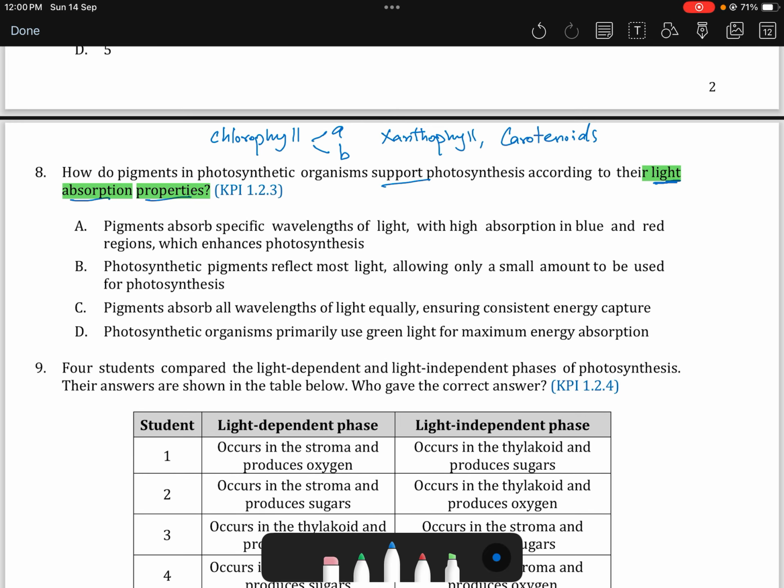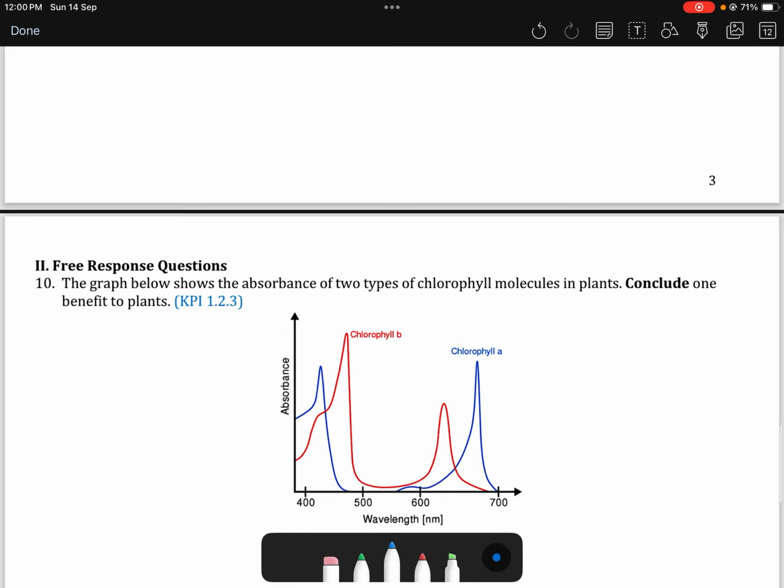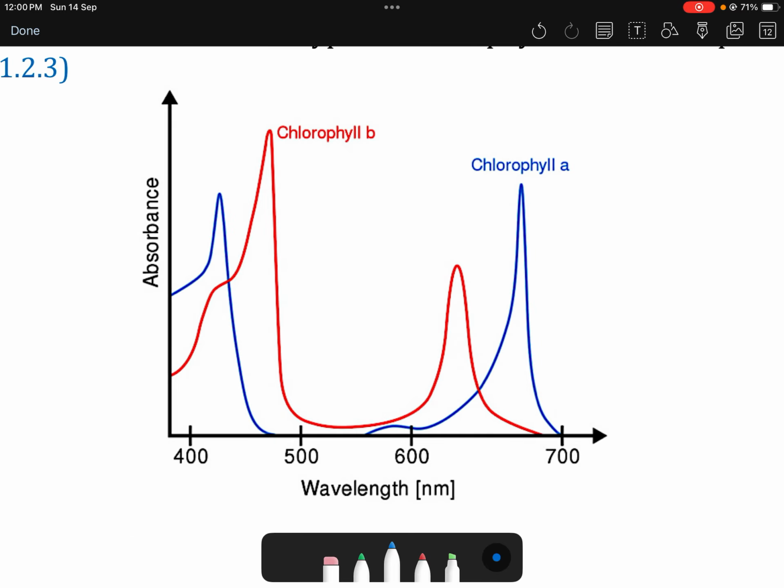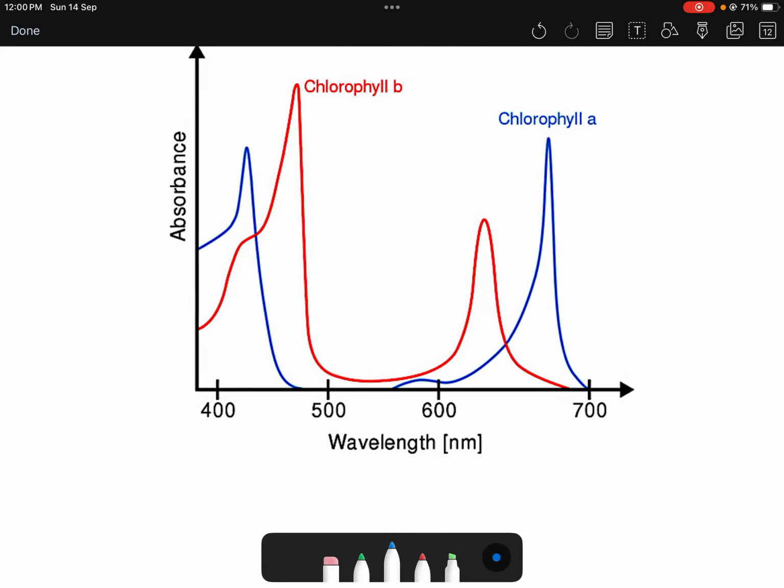Each one absorbs a specific wavelength of light, as we studied with the help of this graph. Chlorophyll A absorbs this peak, B, sorry, this is B, I'm really sorry, is absorbing this region, and A is absorbing this region also. So they have a specific range of light that they absorb.